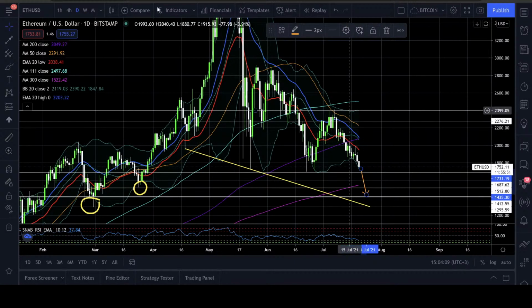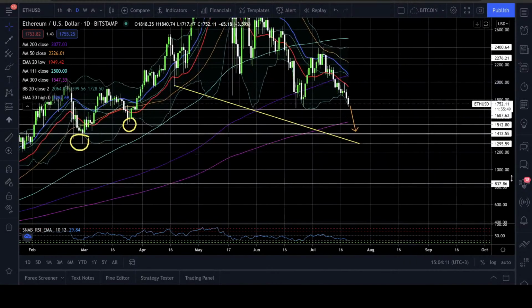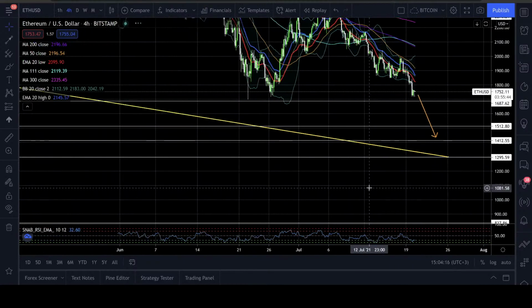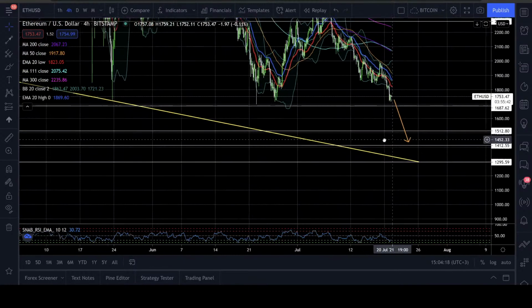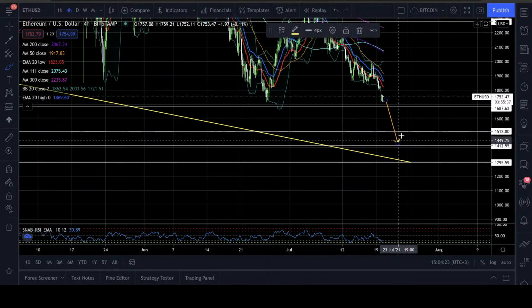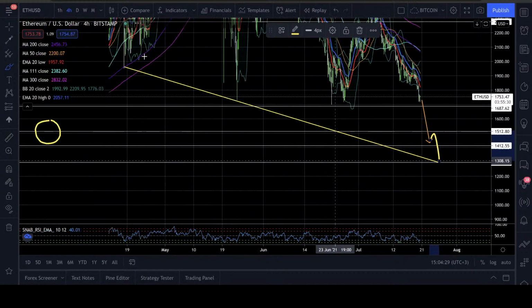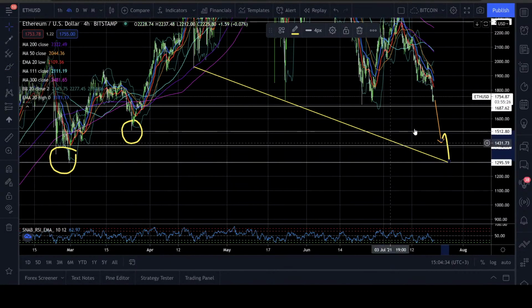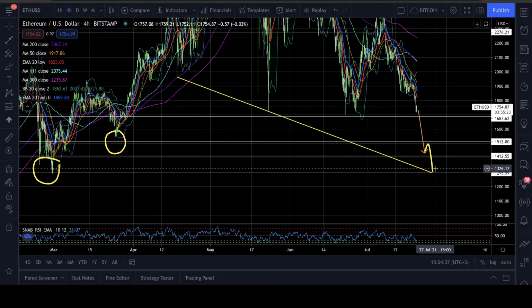All right. So what I'm expecting is for the next 2 weeks, it will hit the 50-week moving average, and then it might retrace a bit, and then make the final drop to this support line, which is the strongest, and that's where my forecast bottom is for the end of the month.